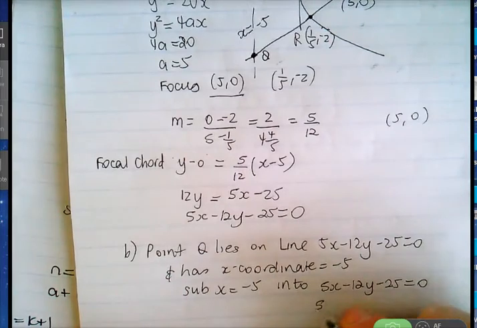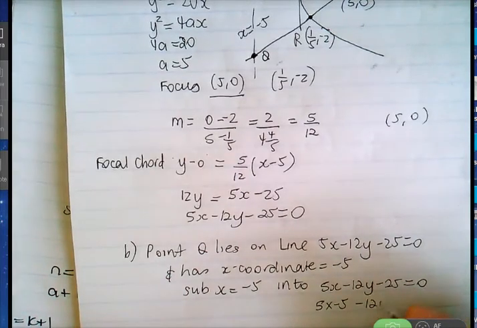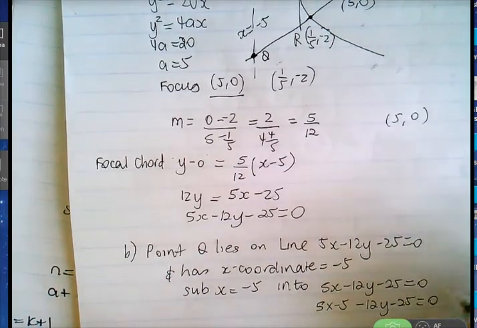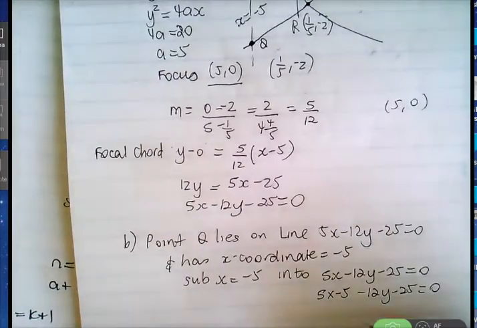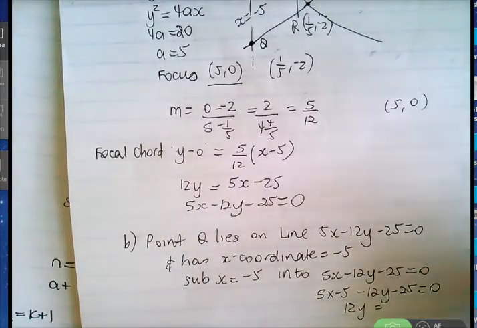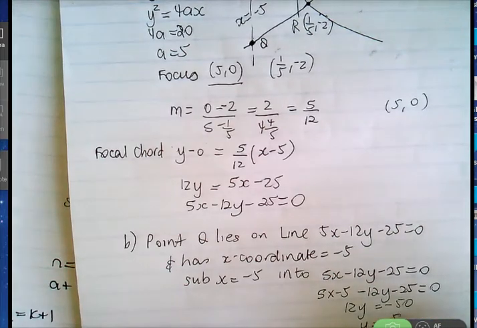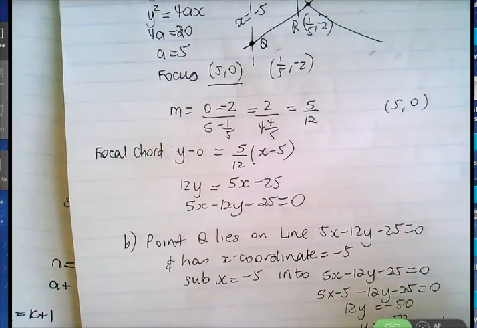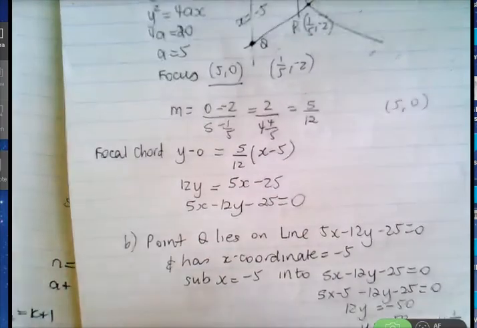And we get 5 times -5 minus 12y minus 25 is 0. What do you get? Take the 12y to the other side. -50. Y is -50 on 12, which is -4... No, it's negative, because it's -50 divided by 12. -4 and 2/12, or -4 and 1/6.